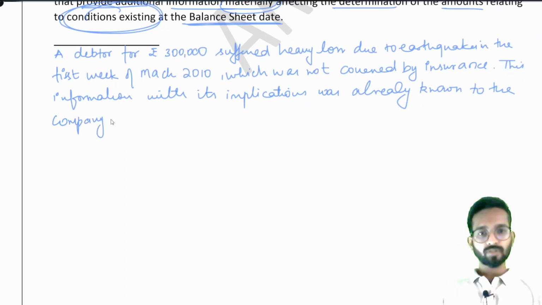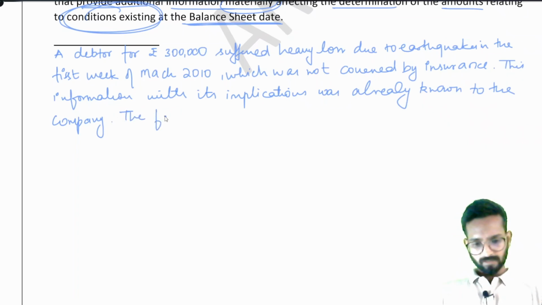Obviously, it was already known to the company because the earthquake happened before 31st March. So we knew that in the area of my debtor, there has been an earthquake hit. Now, I have already told you, I had an idea that there will be a problem in recovering the money, known to the company.